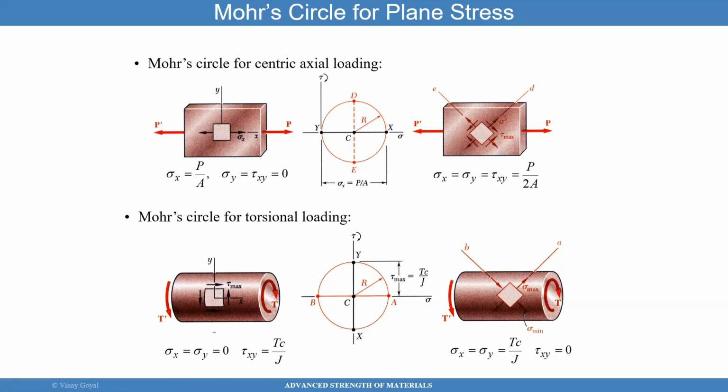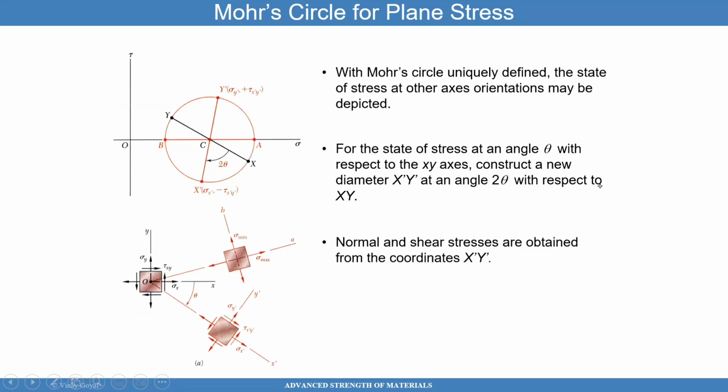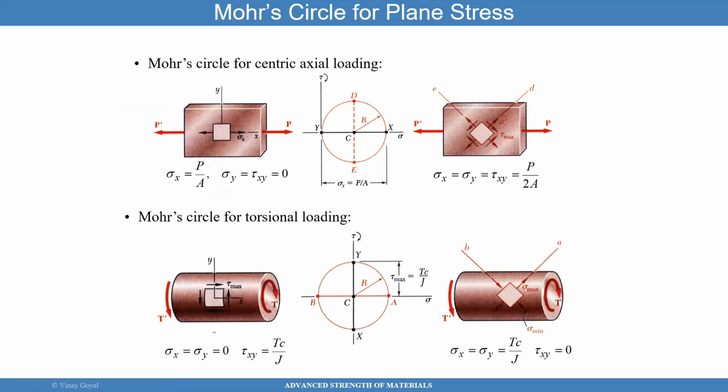And if I were to plug in what the radius will be, since this is 0, divided by 2 is 0, square root of tau xy squared gives you tau xy. So the radius is tau xy. And so now you can see that your principal stress is this point A and this point B, as discussed earlier.